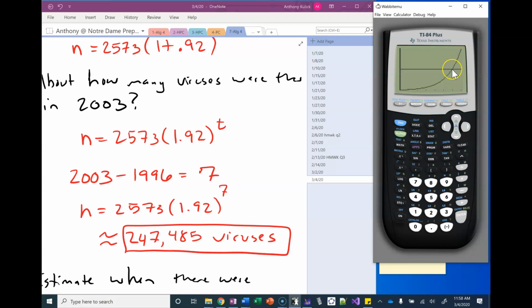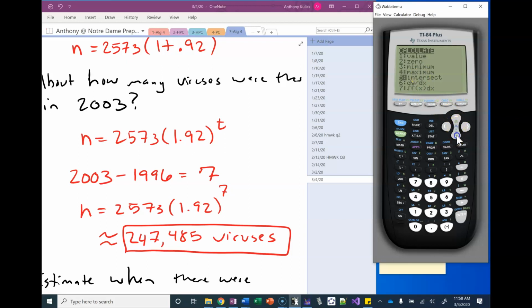Okay, so to find this point, what we're going to do is we're going to press second and then the trace command. These options here all are things that I will use on my graph. Which one of these sounds like what we need? Intersect, right? Because we're interested in the intersection of these two things.